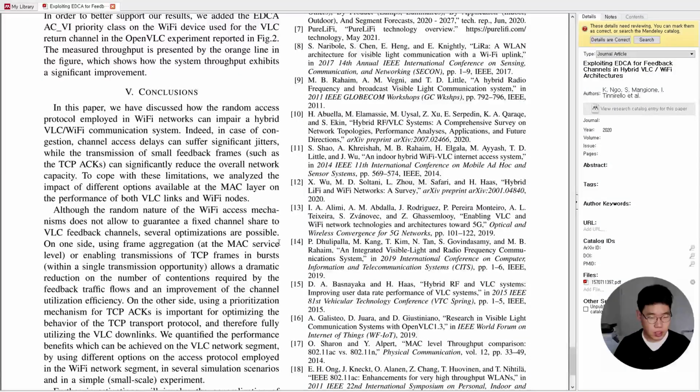On the other side, using the prioritization mechanism for TCP-ACKs is important for optimizing the behavior of the TCP transport protocol and therefore fully utilizing the VLC downlinks.